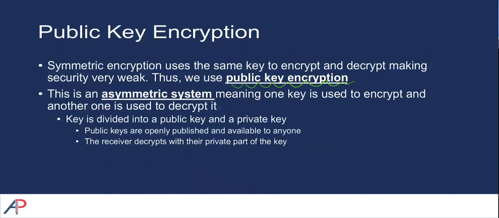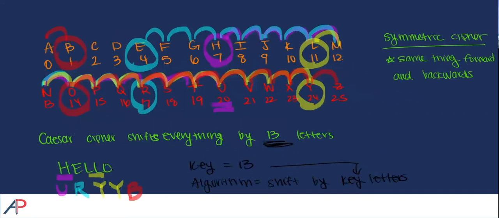So public key encryption is an asymmetric system, meaning you use one key to encrypt and one key to decrypt. So one key is used to encrypt it and another used to decrypt it. Whereas here we use the same exact key to encrypt and decrypt. We just use 13.